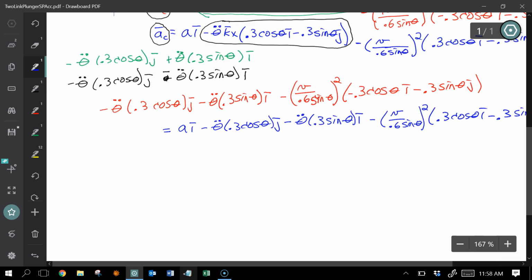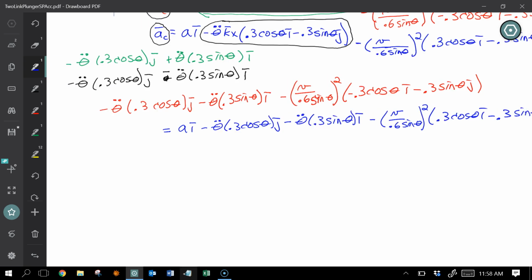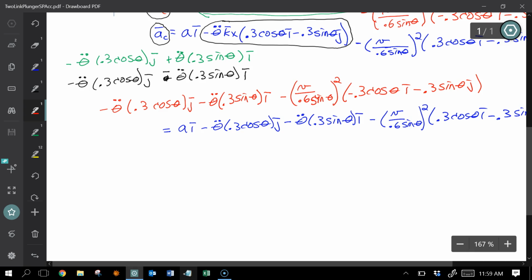Okay. Now, just like before, you extract equations by setting the i's on the left equal to the i's on the right, j's on the left equal to j's on the right. So let's do the i's. I'll put them in red. On the left-hand side, you have a negative 0.3 sine theta, theta double dot.